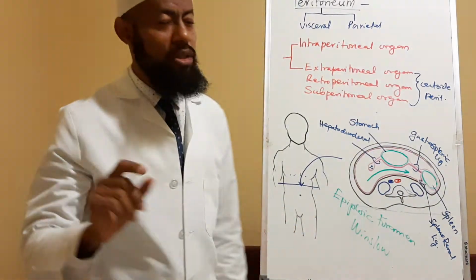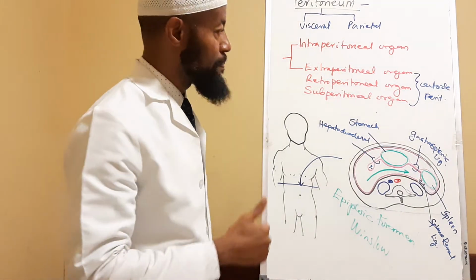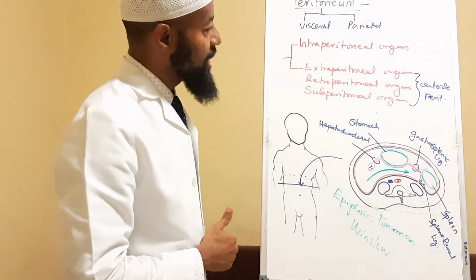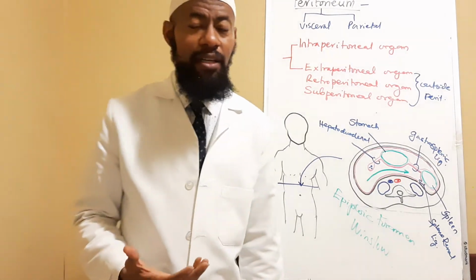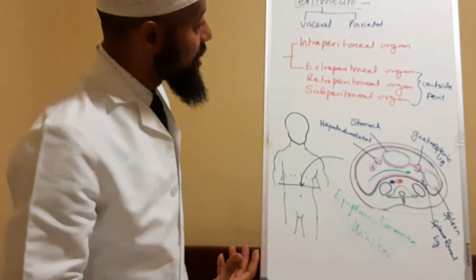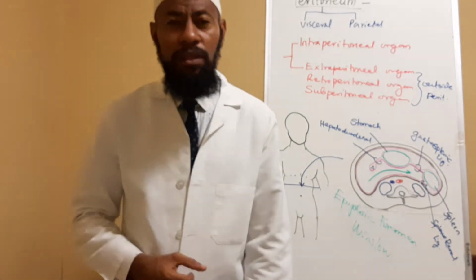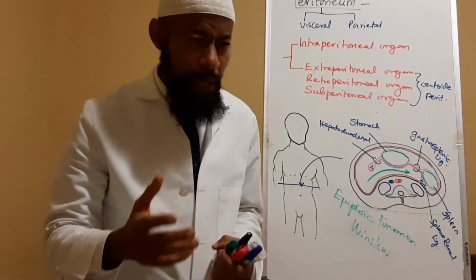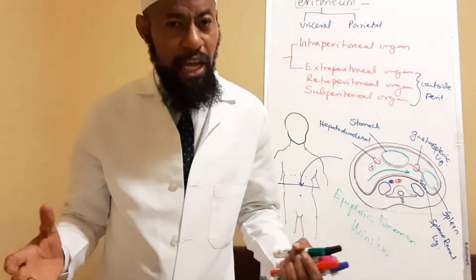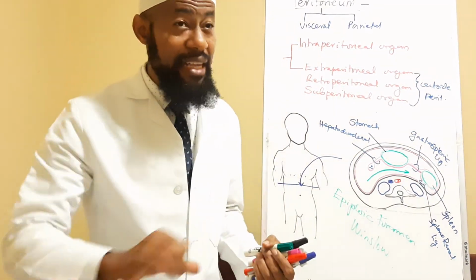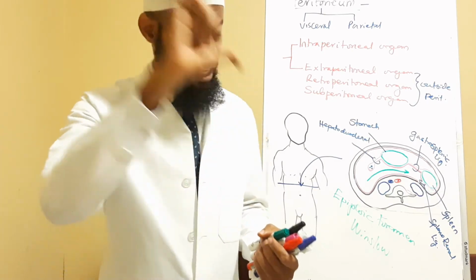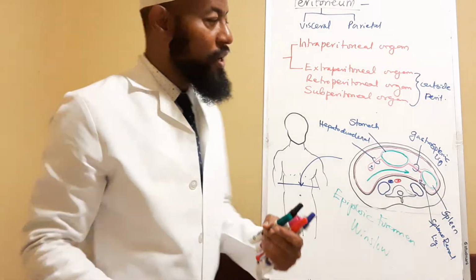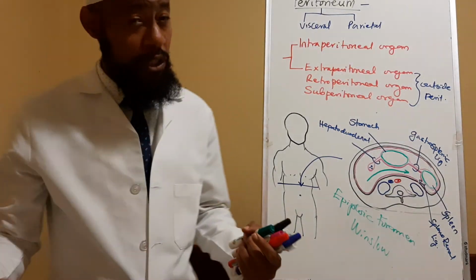The other thing we need to know is the peritoneal fluid. The peritoneal fluid is produced by the mesothelium. Mesothelium is a simple squamous epithelial cell that is lining the abdominal wall. So it means that it is peritoneum, yes.